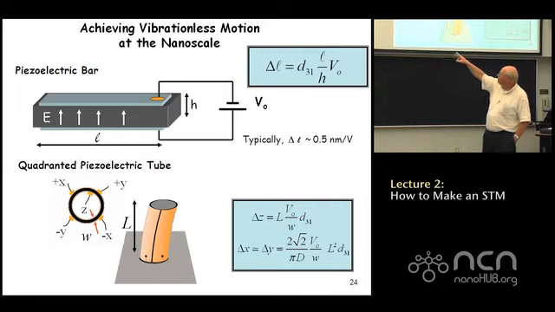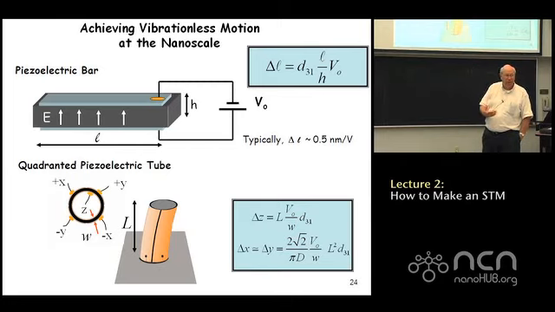Where DL is given by the voltage that you apply, V naught, times a geometric factor related to the geometry of the bar, times a piezoelectric coefficient that's a property of the material the bar is made from.